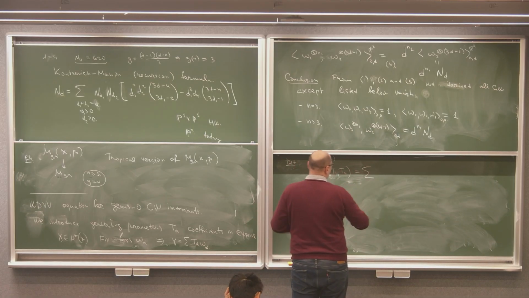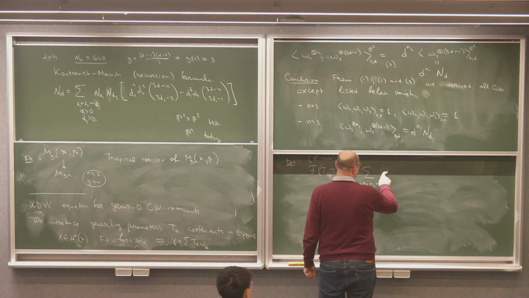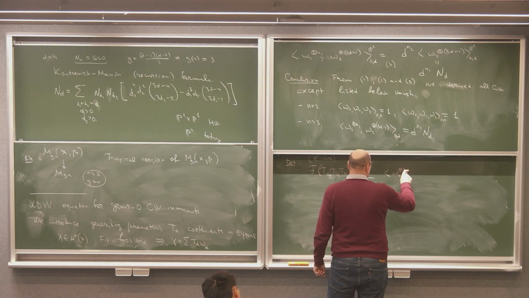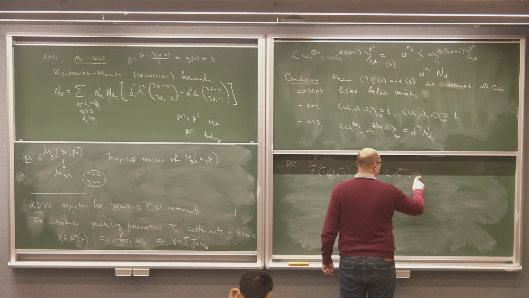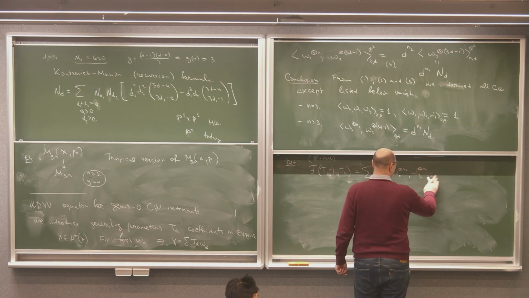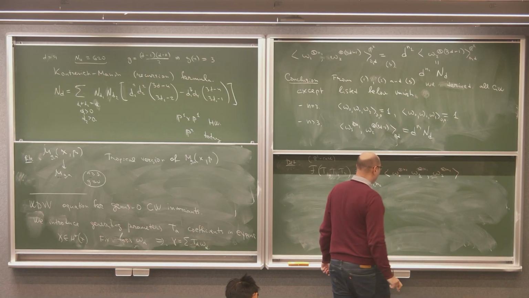Here we have a summation over n0, n1, and n2. Here we have the Gromov-Witten invariant with n0 omega 0 insertions, n1 omega 1 insertions, and n2 omega 2 insertions.